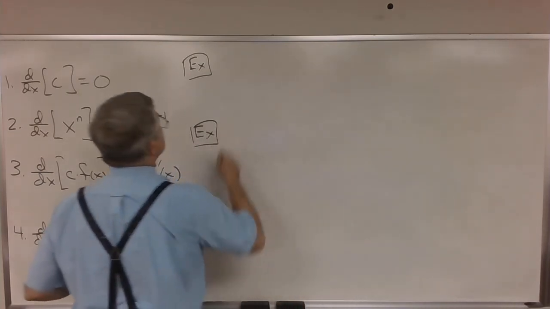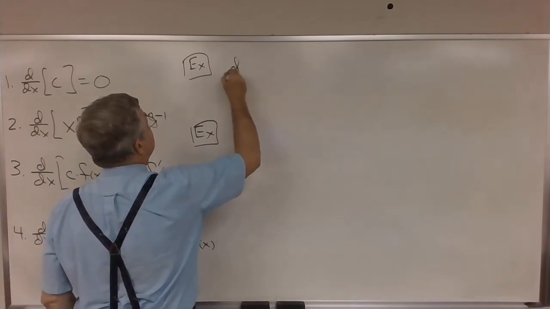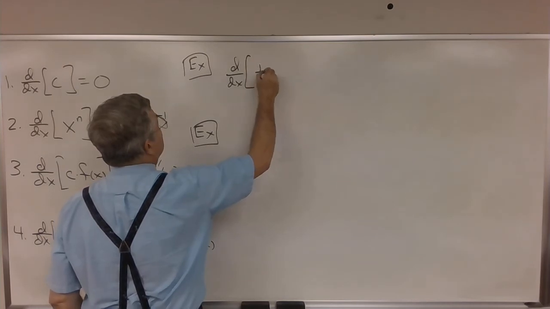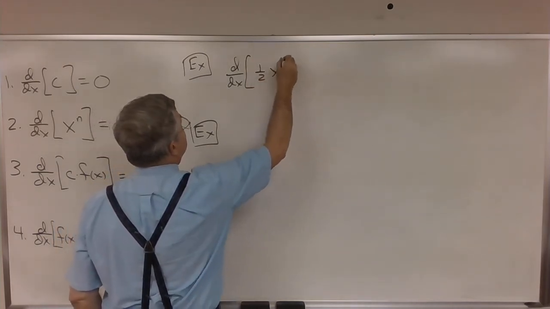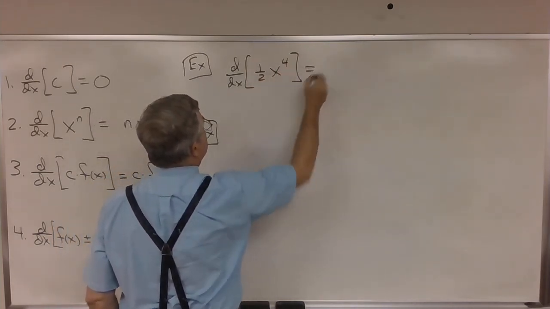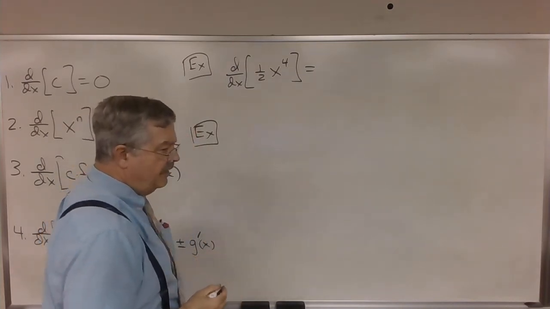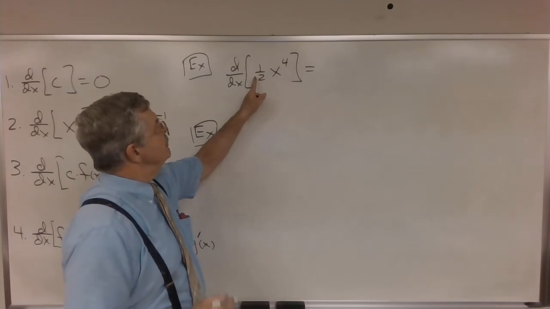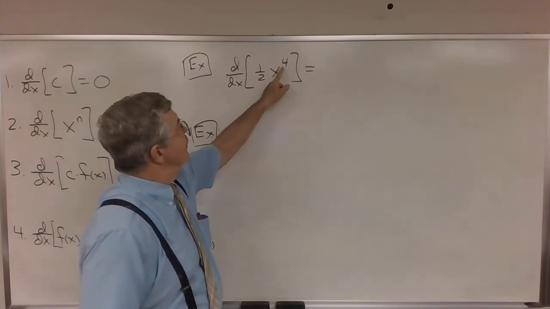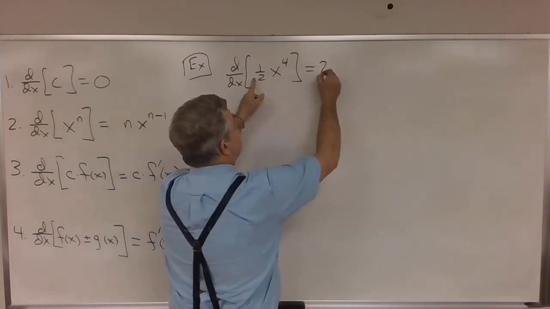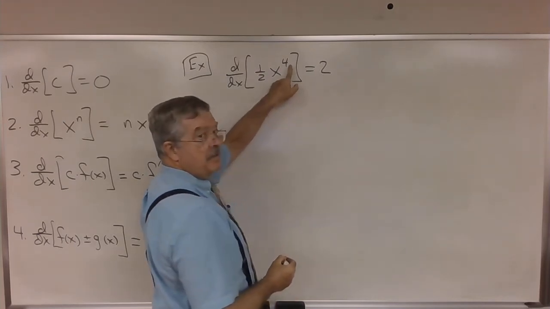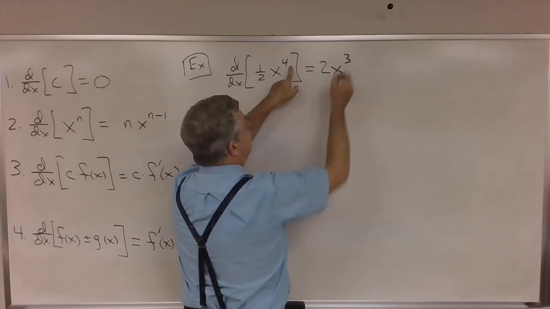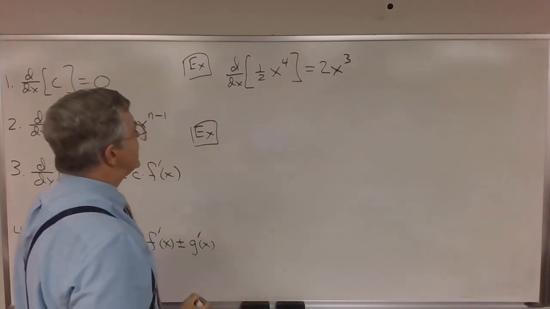So a few more exercises. Now remember what we do? We bring the exponent down front and multiply it by the constant. So 4 times a half is 2. And then what do we do? We subtract 1 from the exponent and get x cubed.